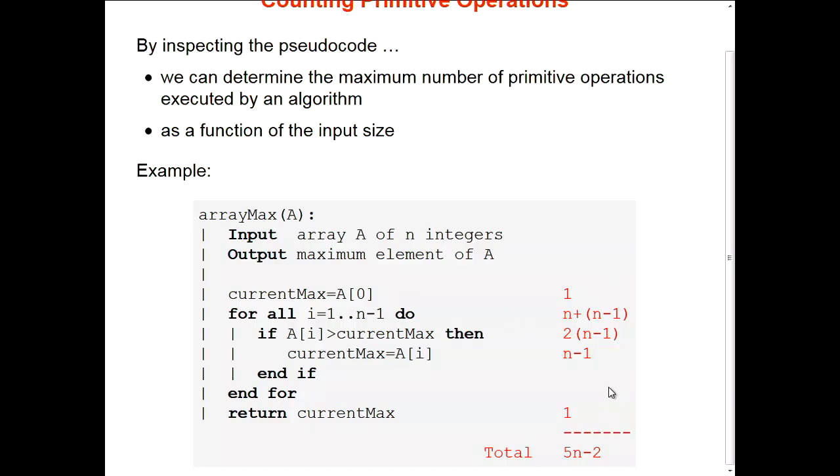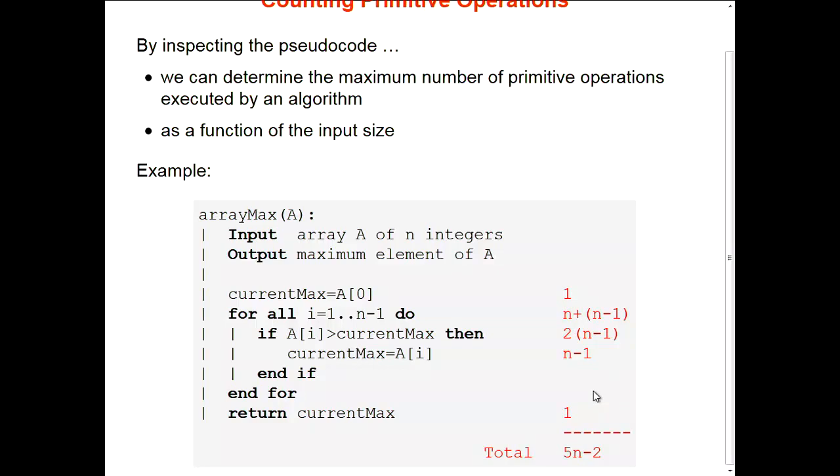Now I've added the numbers here. Let me explain where they come from. First of all, there is that one indexing into the array, A[0], to access the first element of that array. That counts as one primitive operation according to my definition.